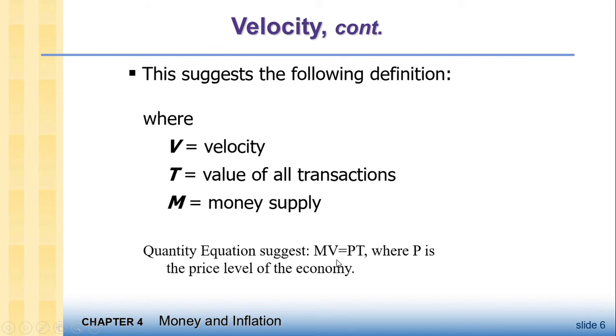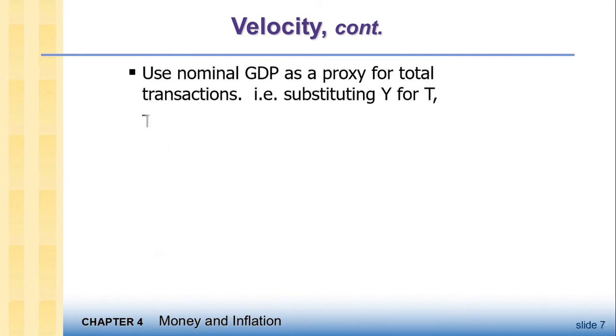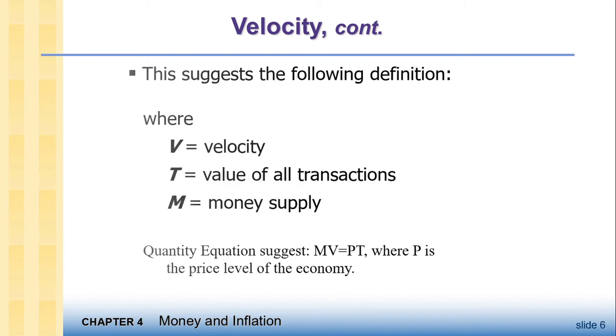So why is it so? Generally, if you have a particular amount of money supply given, and if you know the total value of all transactions, your velocity gives how much one currency has to travel for this quantity equation, or accounting identity, to hold.